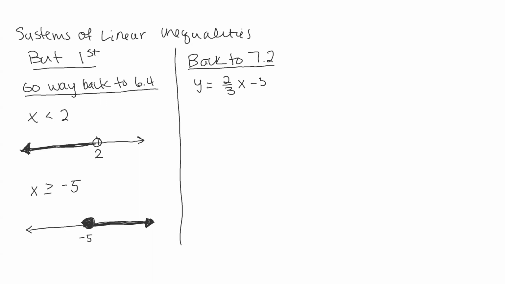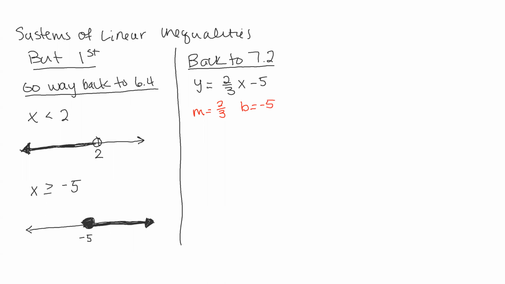So what I told you back then was you would take this right here, this equation, it is in slope intercept form. And what you would do is you would determine the slope. The slope, if you're solved for y, is always the coefficient of x. You would then take the y-intercept, which again, if you're solved for y, the y-intercept is -5.